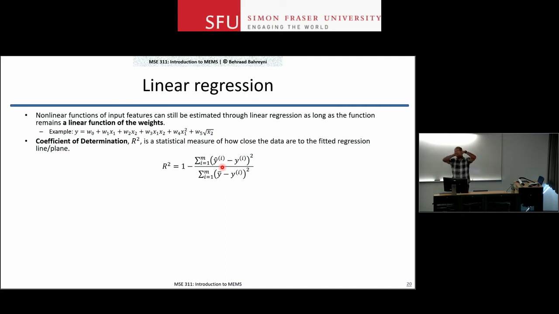So for each value in your data set, you say, well, the true value was here, the estimated value was here, so this is the difference. And then for the next point, maybe it is the opposite. Maybe the estimated value is a bit higher. And there is going to be a little bit of difference from point to point, right? So you calculate this over the entire data set, and then you normalize it by the variance.